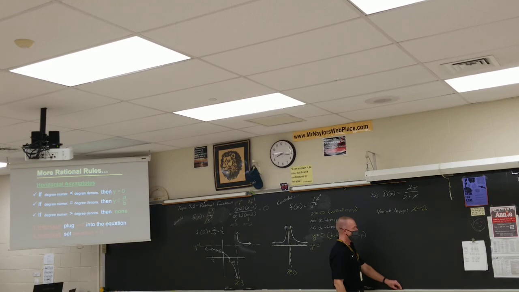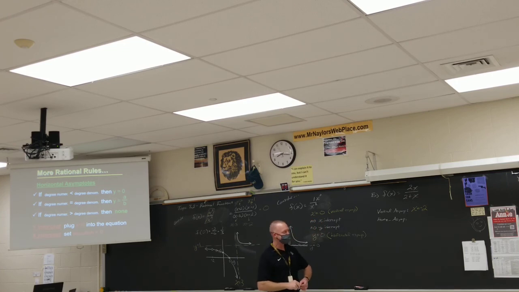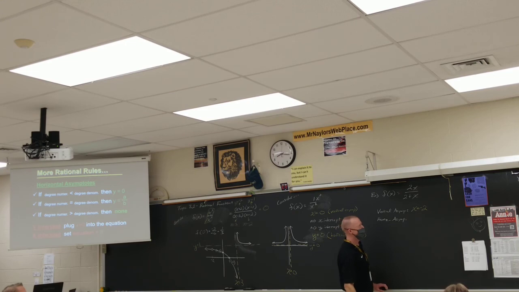There's no hole in the graph because there's no common factor. We will come back to the hole in the graph in a few days, and you will feel like you're getting good at that. So you don't have to really focus on the hole much right now.